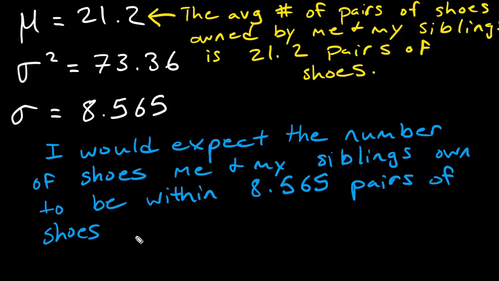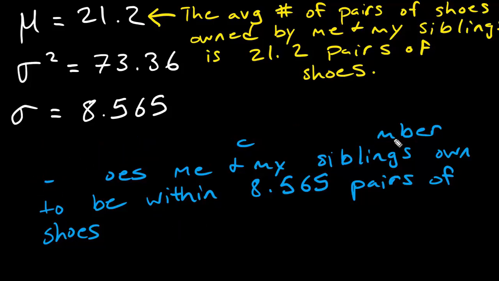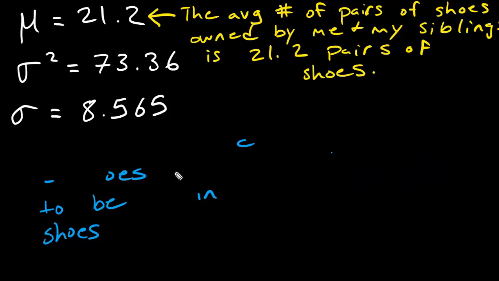Let's see, that's a bad way of writing that. I would expect the number of shoes. No, that's garbage. Well, another way of saying that would be, I would expect if I randomly selected one of my siblings, that the number of pairs of shoes they own to be within 8.565 of that 21.2.